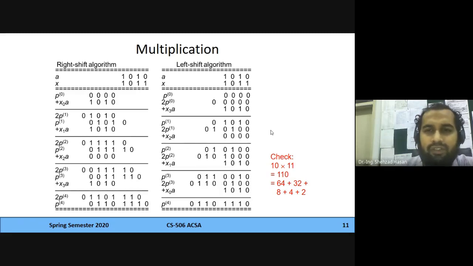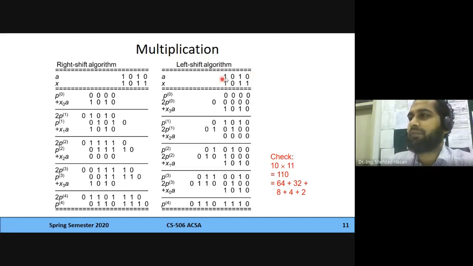We're going to start from the most significant bit, and instead of adding first, we are going to shift and then add. It doesn't matter whether you shift first or add first, and it also doesn't matter whether you go for the least significant first or the most significant first. So let's see how the left shift algorithm works. Again, the same numbers here, 1010 with 1011.